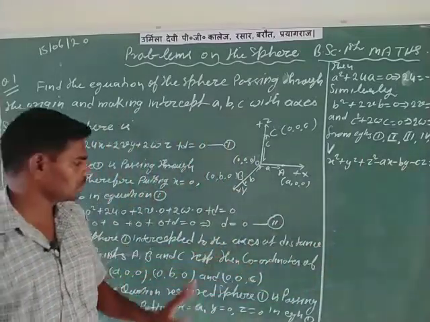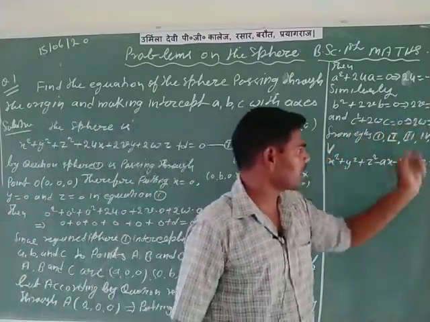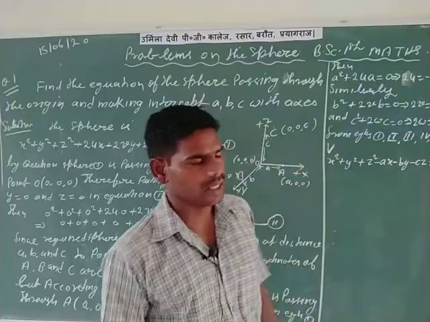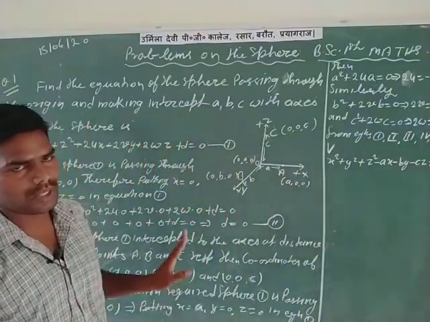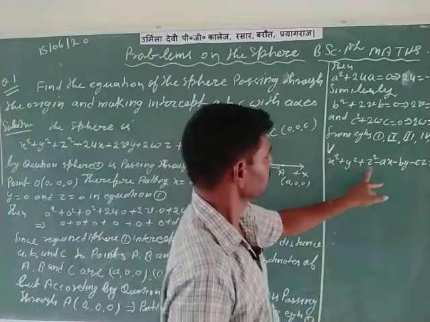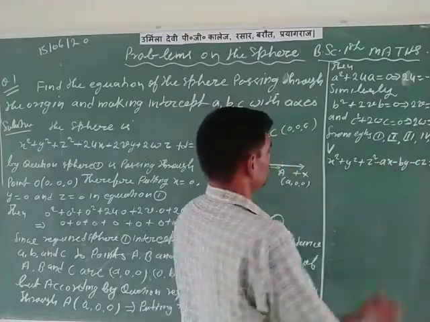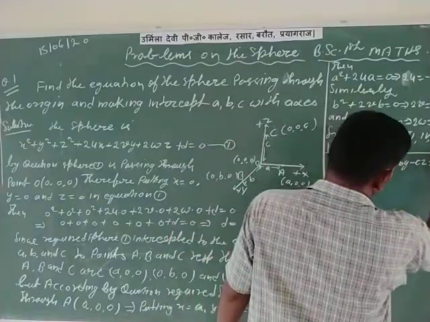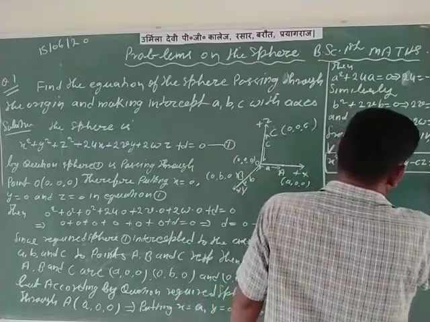So putting all values of u, v, w and d in equation first, you can write the complete equation of the required sphere, which is x square plus y square plus z square minus ax minus by minus cz is equal to 0. This is the required solution of question first.